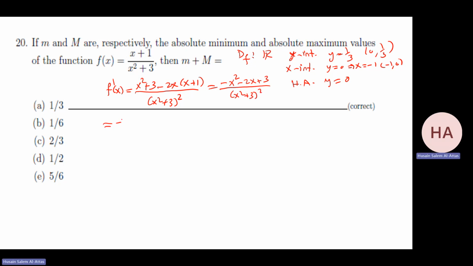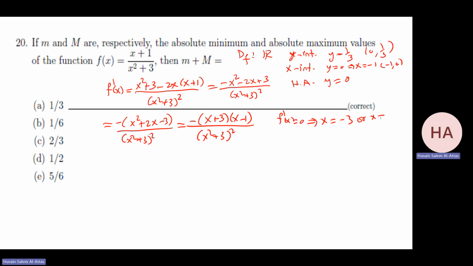In other words, it's minus x squared minus 2x plus 3 over this. In other words, it's minus (x plus 3) times (x minus 1) over this. So f prime equals 0 when x equals minus 3 or x equals 1.